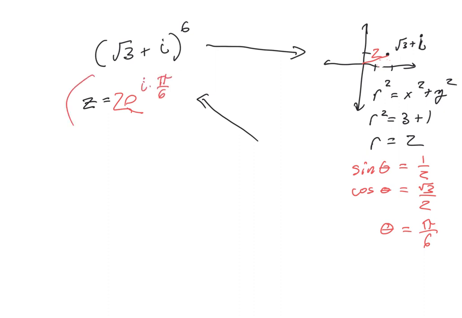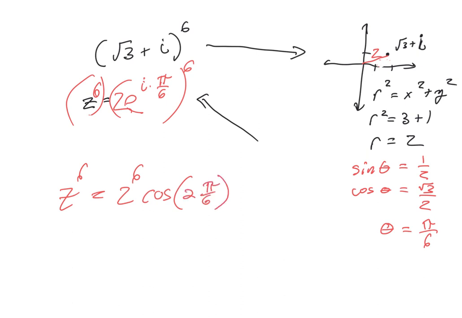But now I have it to the 6th power. Using de Moivre's theorem, I will have z to the 6th equals 2 to the 6th cosine of 6 times pi over 6 plus 2 to the 6th i sine of 6 times pi over 6.